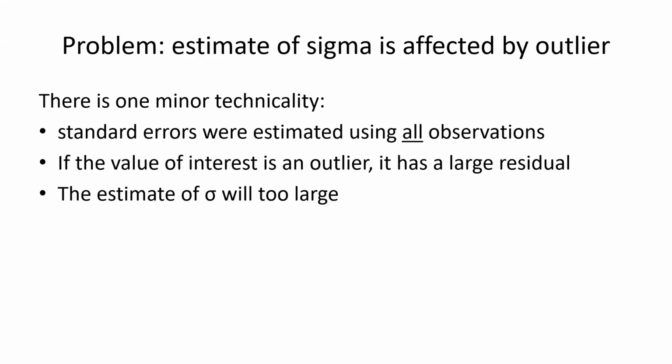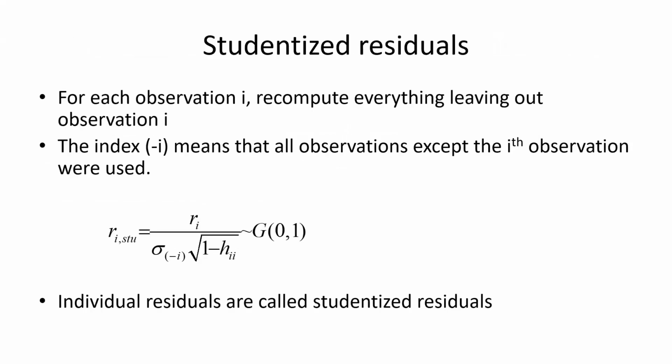So technically speaking, what you have to do is you do the exact same thing. You standardize the residuals, but you do everything leaving out the ith observation. This will avoid inflating the sigma. And those residuals are called the studentized residuals.